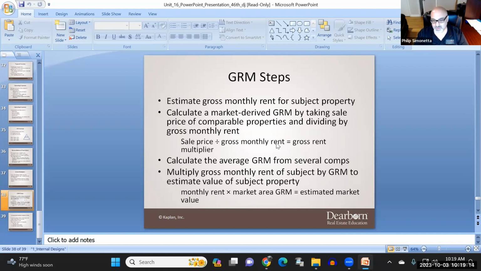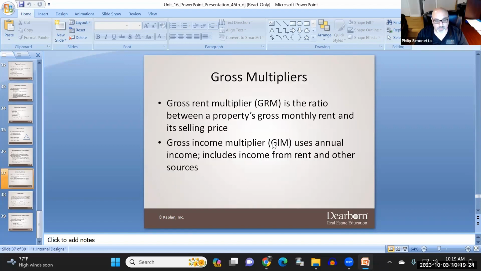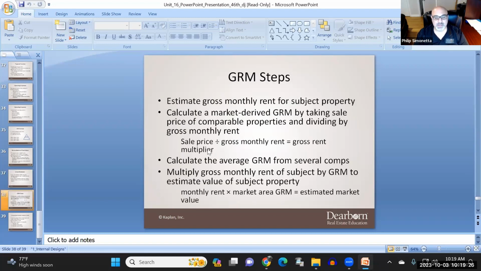You don't have to figure it for all of them. So what you want to do is take the sale price divided by 1,900. Take the one that's 300,000 divided by 1,900.